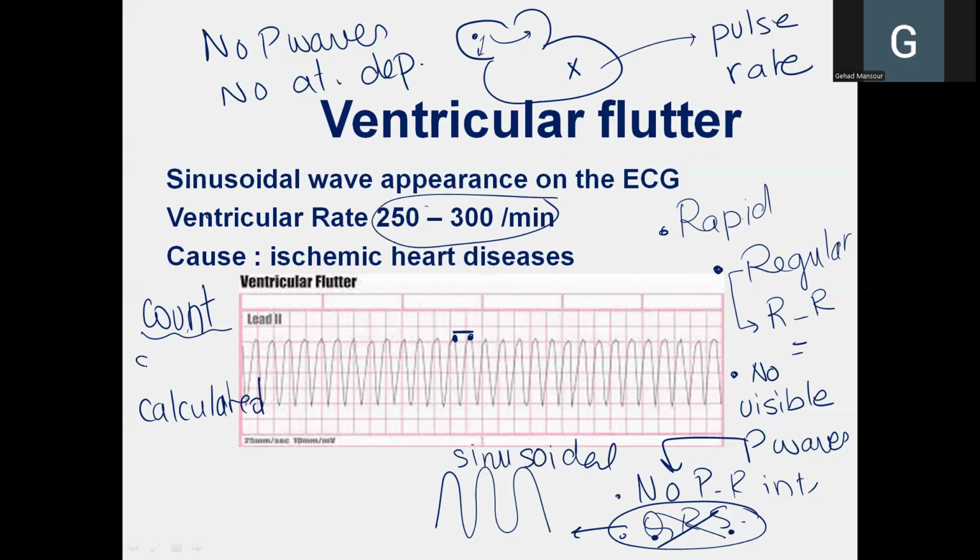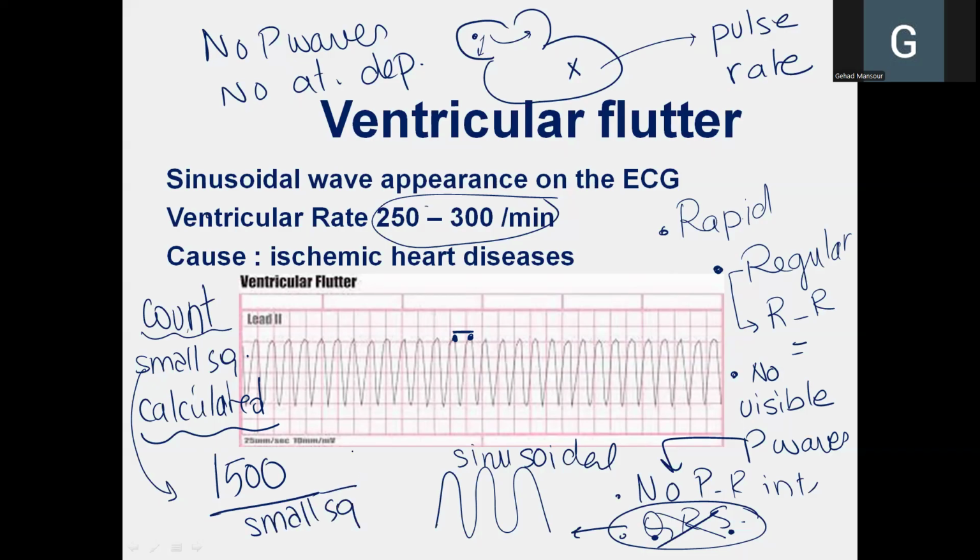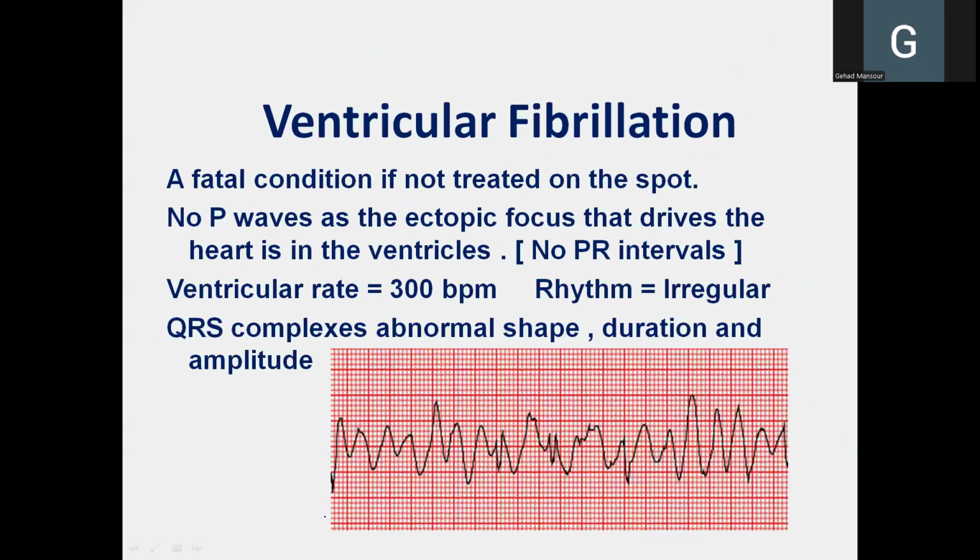You count the number of small squares because the distance is very small between them. And then you calculate the time by multiplying the number of small squares by 0.04 to calculate the RR interval. But you needn't do this. You can just divide 1,500 by the number of small squares that you counted, and you get the ventricular rate.